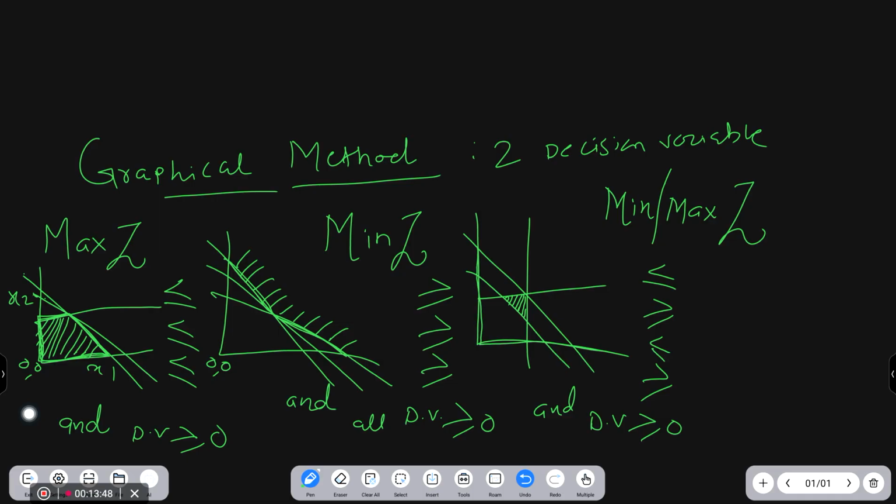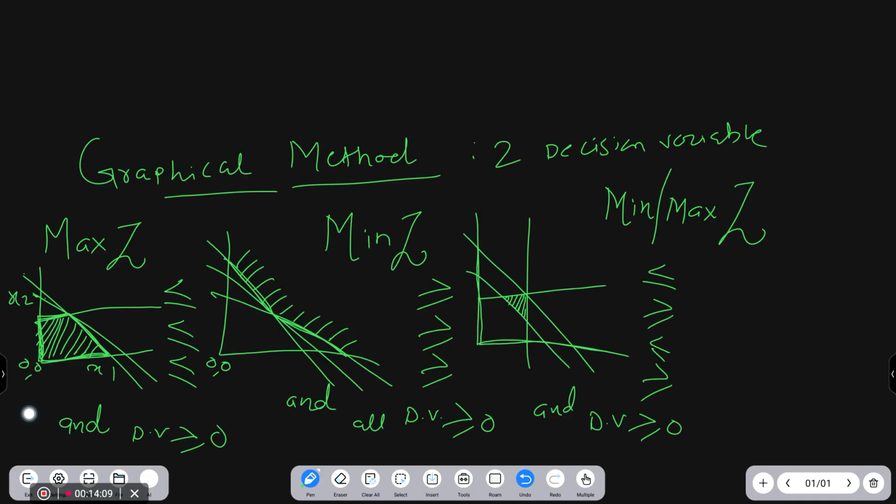The region should be somewhere else, not touching the 0 line of x and 0 line of y. Clear, everybody? And these 3 types of problems you have to solve and get the optimal solution.